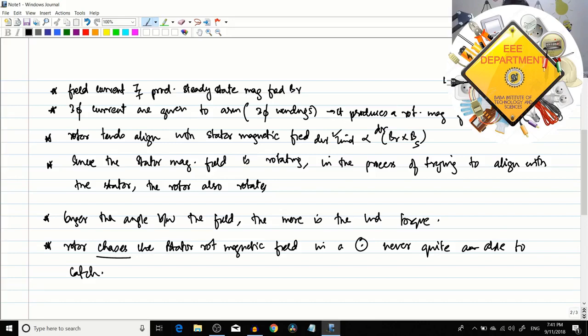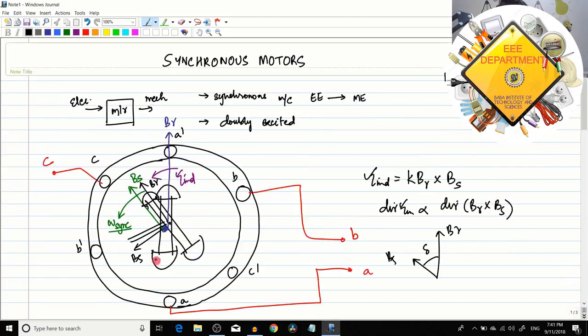That is a concept for another topic, because the synchronous motor is not a self-starting motor. If the rotor is stationary and you just switch on the supply, the rotor is not going to rotate. Whereas an induction motor is self-starting, a synchronous machine is not. That will come in a future session. I don't want to confuse you with all the topics at once.